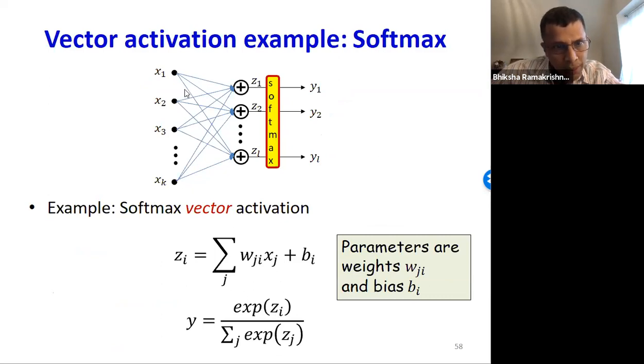So here again, the parameters are the weights and the biases. But if I change this W such that this Z increases, because of this exponentiation, this Y will increase. But because of the normalization and because all of them must sum to 1, correspondingly, the rest of the Y's will decrease. So a softmax is that vector activation.